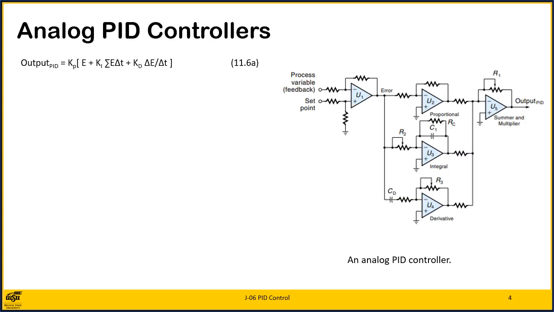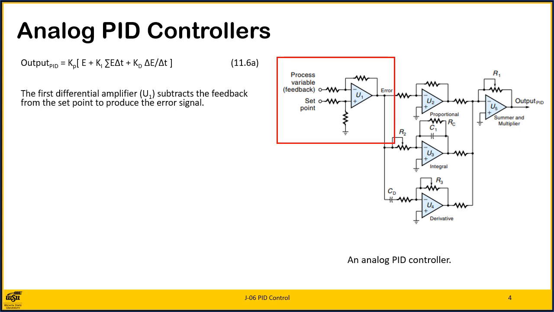The controller that implements the PID equation, 11.6a, can be either analog or digital, but virtually all new installations are digital. A straightforward version of an analog PID controller that uses 5 differential amplifiers is shown here. The first differential amplifier U1 subtracts the feedback from the set point to produce the error signal.